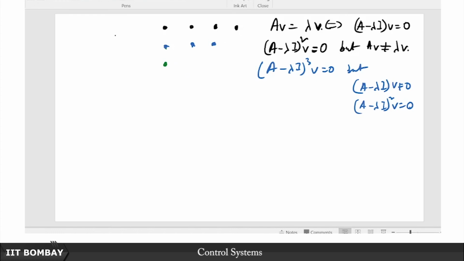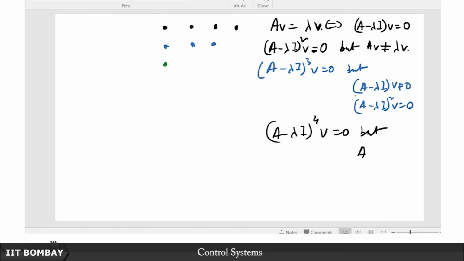So beyond this point, now if you go for (A minus lambda I) to the power 4 V equal to 0, then you find that there are no solutions, and you of course restrict that.